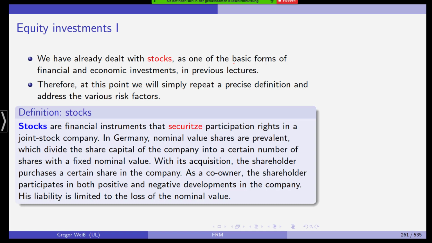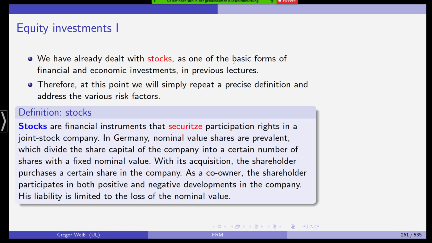They divide the share capital of the company, the equity capital, into a certain number of shares with a fixed nominal or notional value. And by acquiring such a nominal value share, the shareholder purchases a certain share in the company. And as a co-owner, the shareholder participates in positive and negative developments in the company.